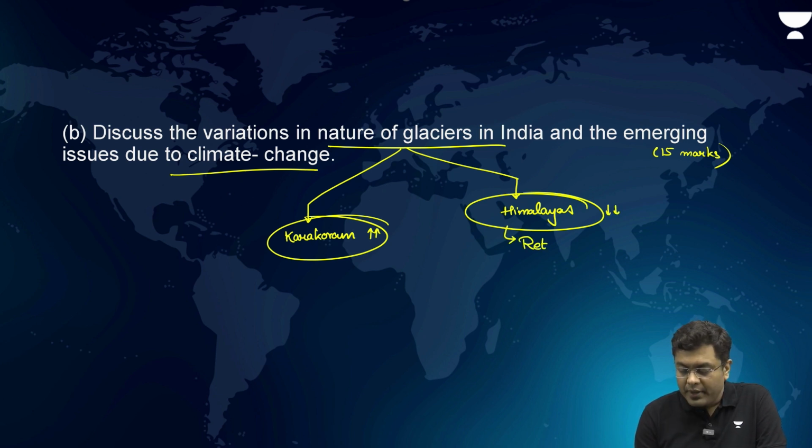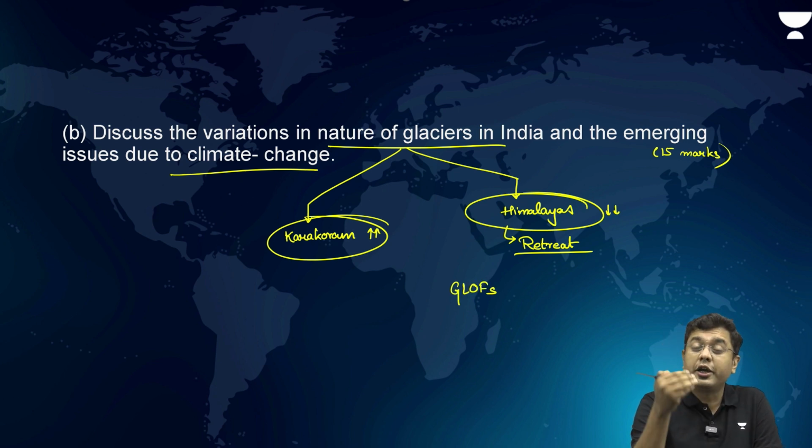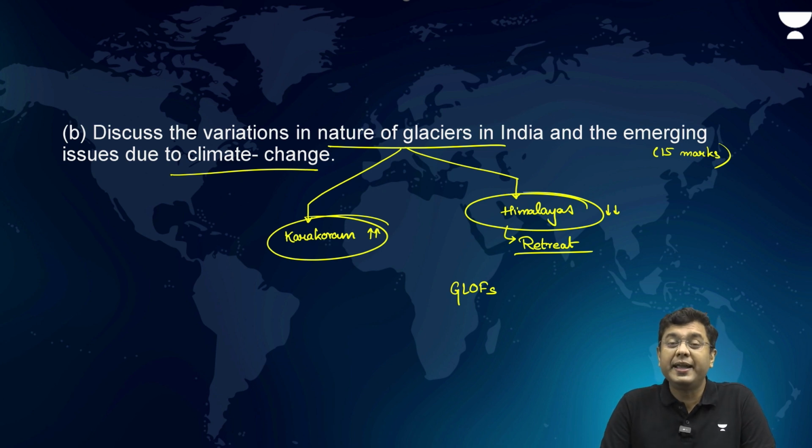Now, as a consequence of that, what are the issues associated? Increased occurrence of GLOFs, right? Then the hydrological flow of the rivers is getting impacted. Floods are becoming more prominent. Landslides are becoming more common. Mass movement and other factors of landslide are becoming more common.